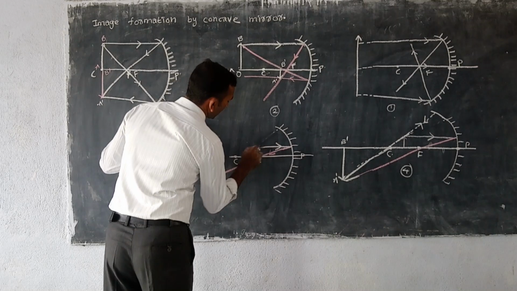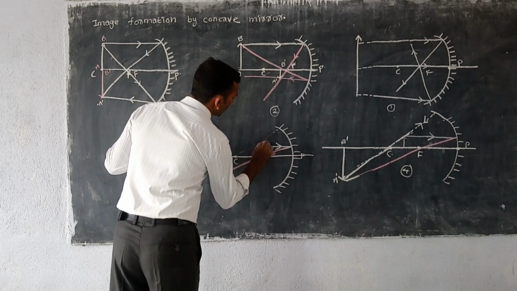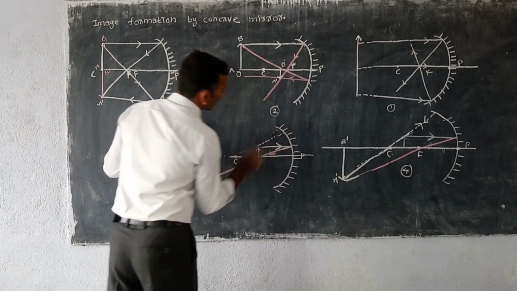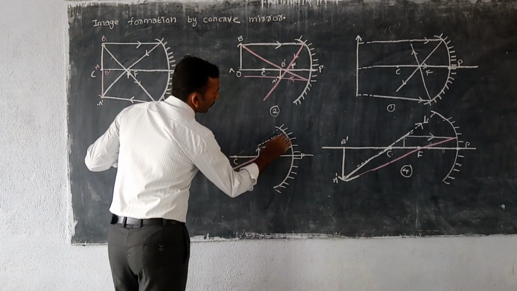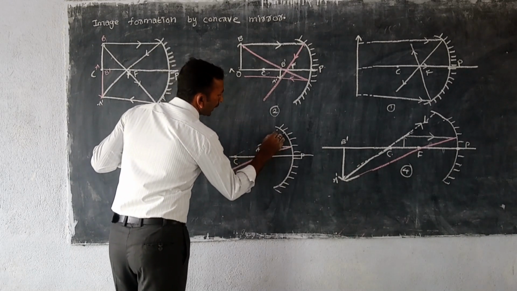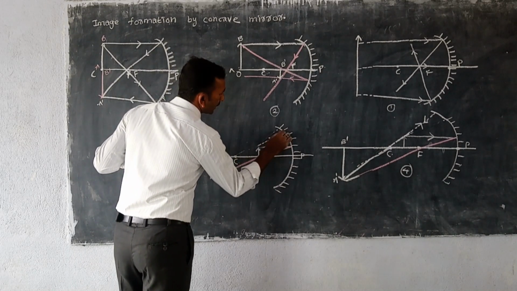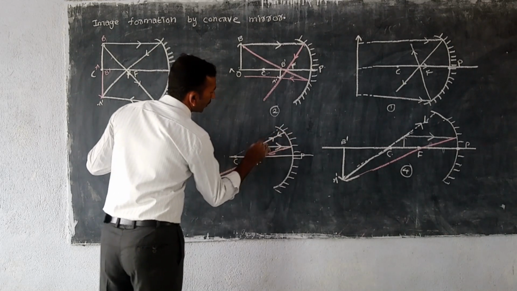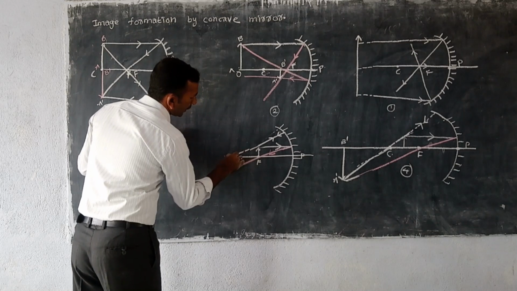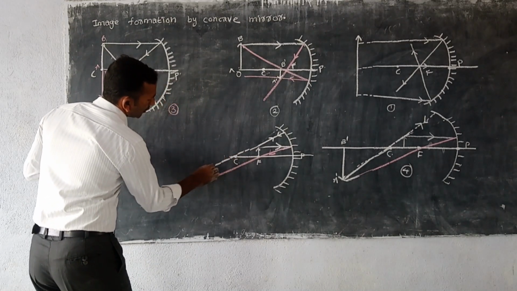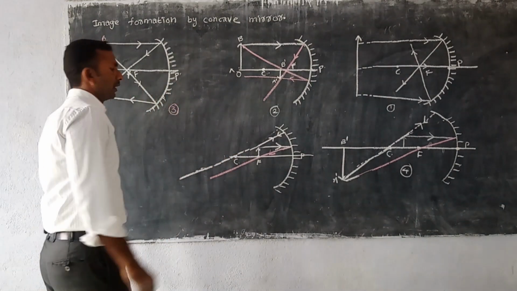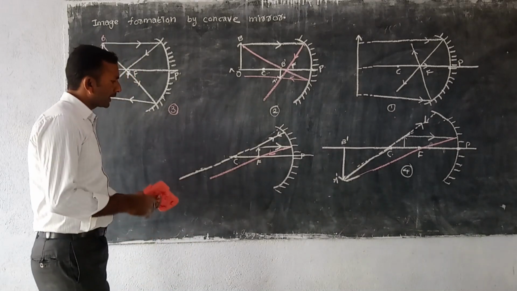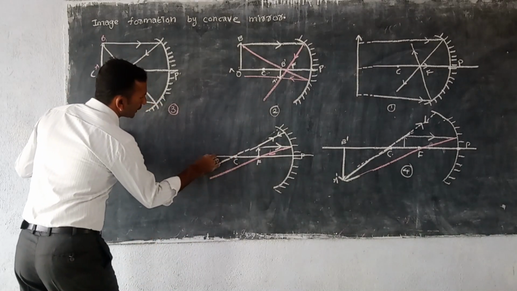Another light ray we are taking is going through the center of curvature, and it is not possible to meet the mirror, and that's why after incidence on the mirror surface, it reflects back through the center of curvature. That means here the image forms at infinity distance.